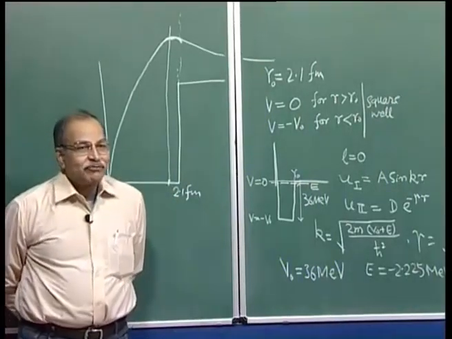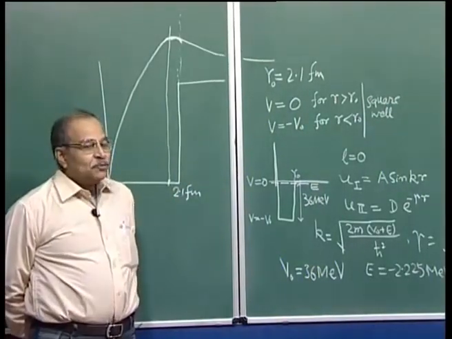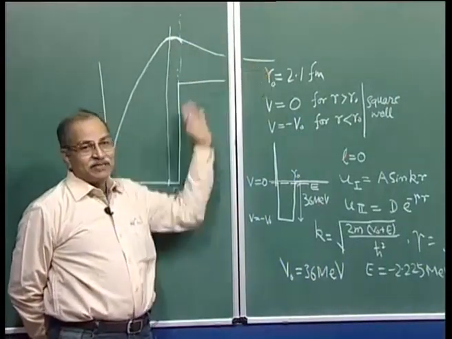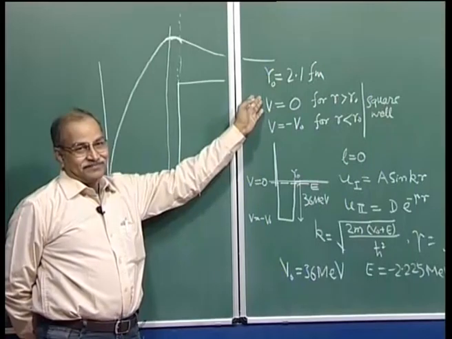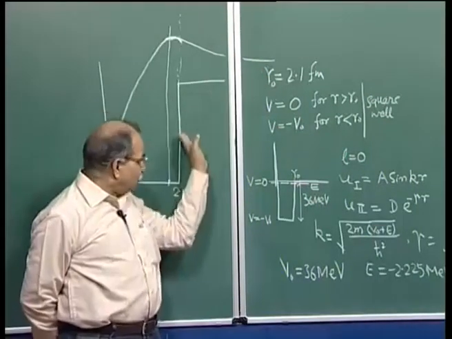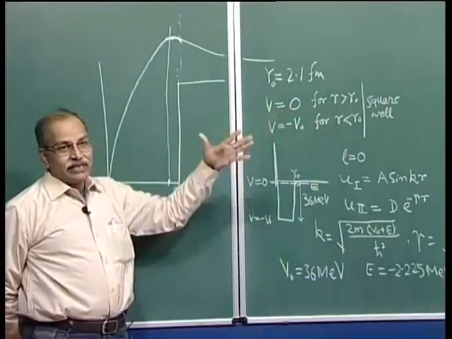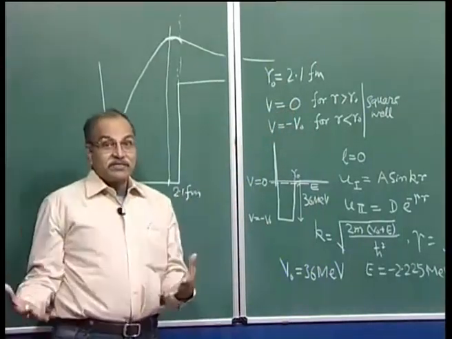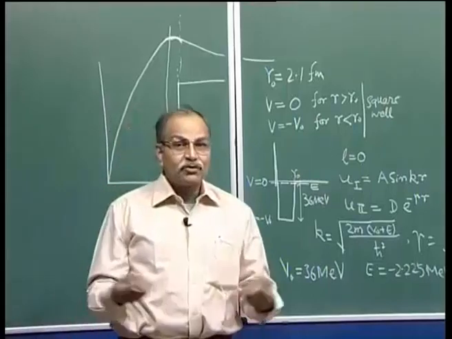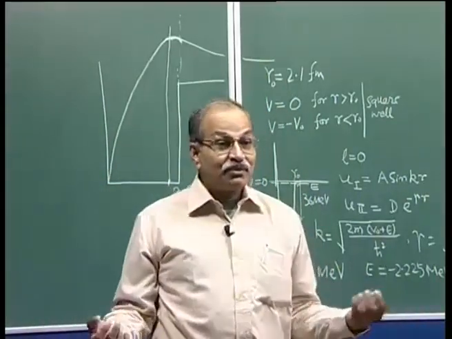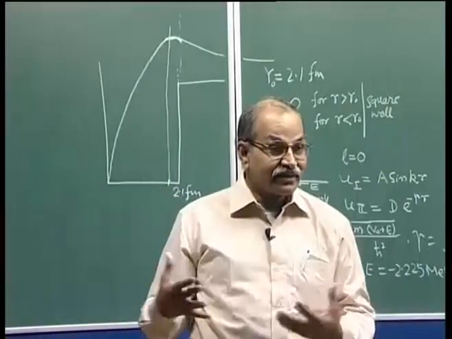So what do you understand from here? Most of the time, a lot of the wave function is outside the well, and it goes to large distances outside. So you can say that for a very significant time, this neutron and proton are separated by a distance which is much larger than the range of nuclear interaction.